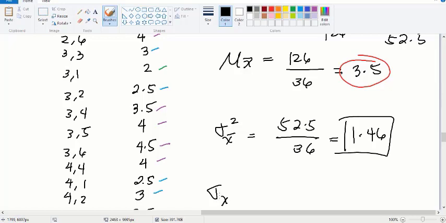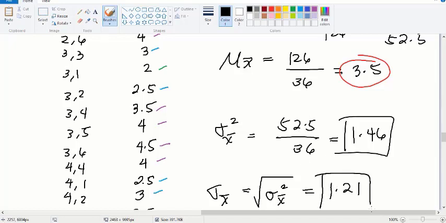And the standard deviation of the sample means would be the square root of the variance. So, square root of 1.46, 1.21. Okay. So, that's it, guys.